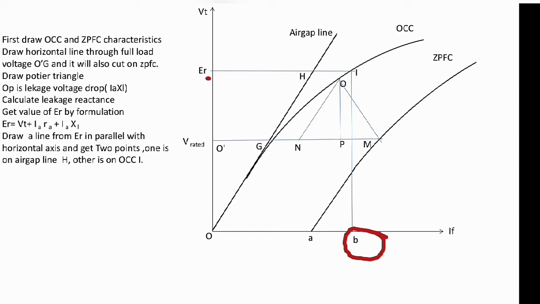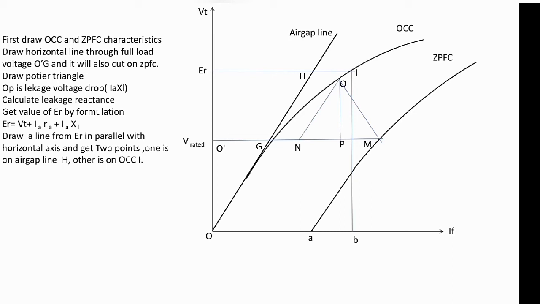This line gives us 2 points: one is on the air gap line, that is H, and the second is on the OCC, that is I. Remember these points are also important. HI is called the saturation point, or saturation MMF area. We will discuss it later, in an upcoming slide.